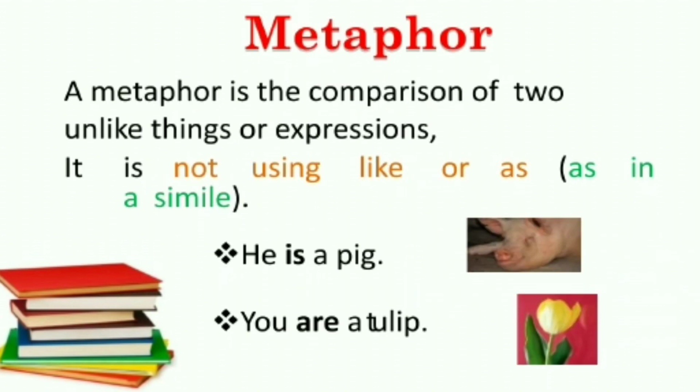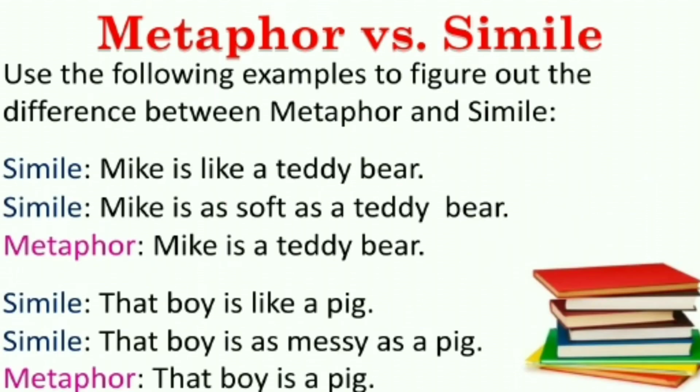Now come to metaphor. A metaphor is the comparison of two unlike things or expressions. But in metaphor, we don't use like or as as we used in a simile. For example, he is a pig. You are a tulip. Now, there is a thin line of difference between metaphor and simile.